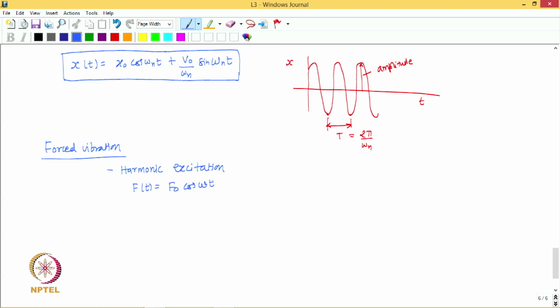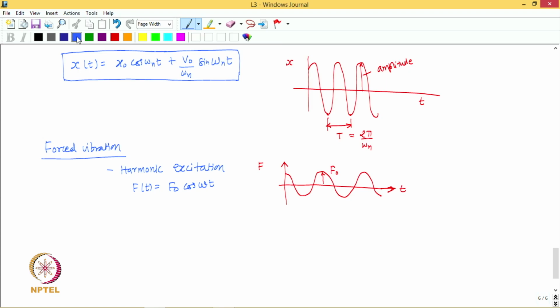This means the force is a cosine wave like this of constant amplitude as a function of time, and the amplitude of the force is f naught.